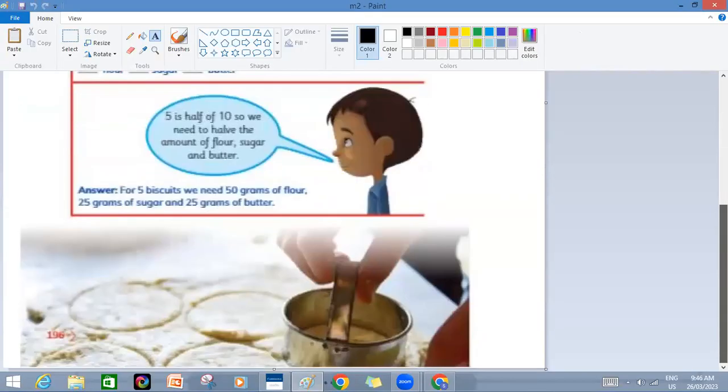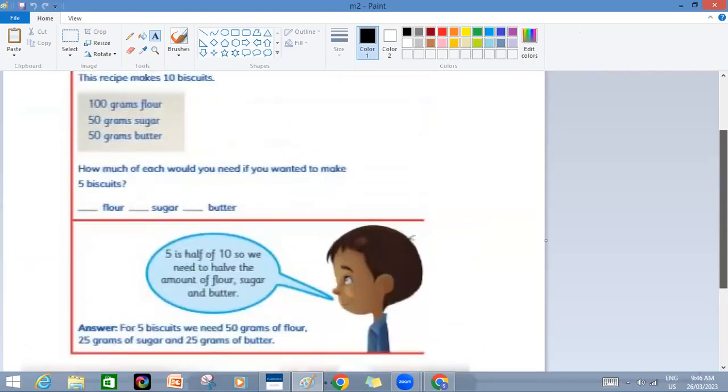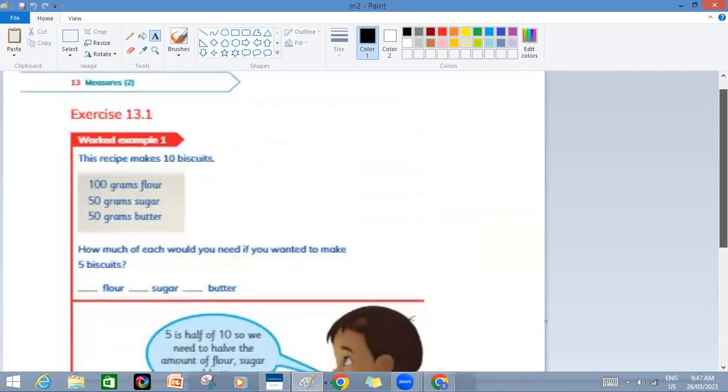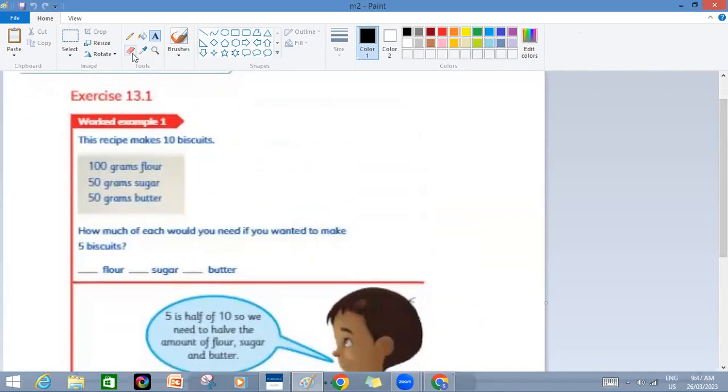This is page number 196, and they have given us a worked example. This recipe makes 10 biscuits: 100 grams flour, 50 grams sugar, and 50 grams butter.